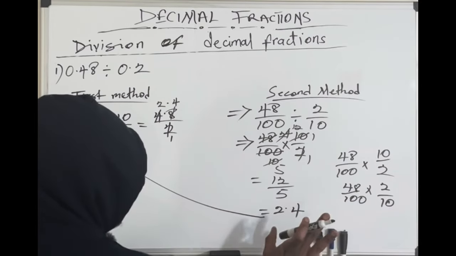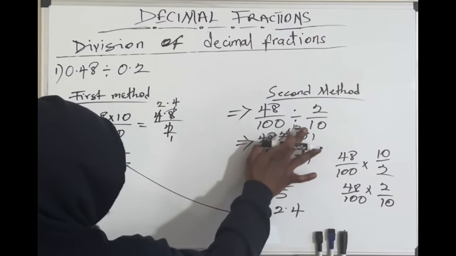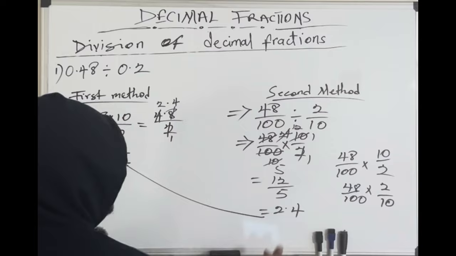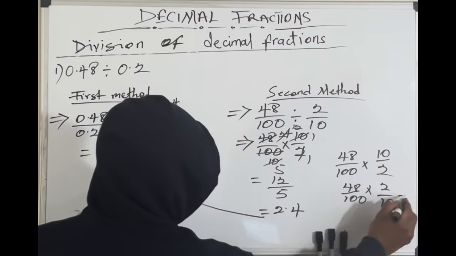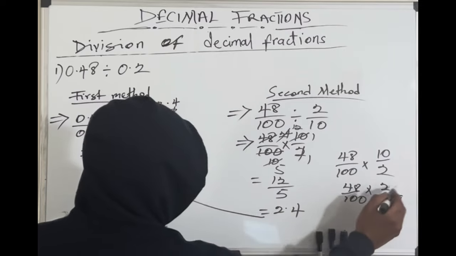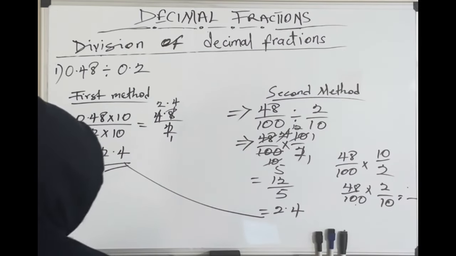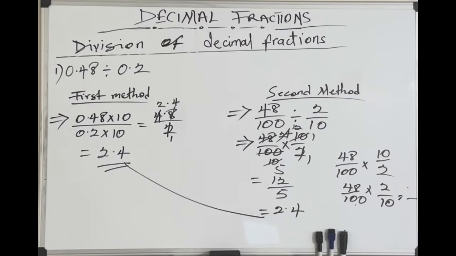Do not get confused. Because we had to change the division sign to multiplication and also turn the fraction upside down, this is what we have to go for, not just multiplying 48 by 2 and then 100 times 10. These are some of the little reasons why math is kind of difficult for some people, but if you follow the rules, you are good.